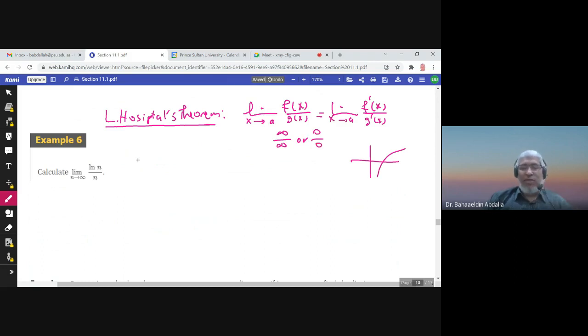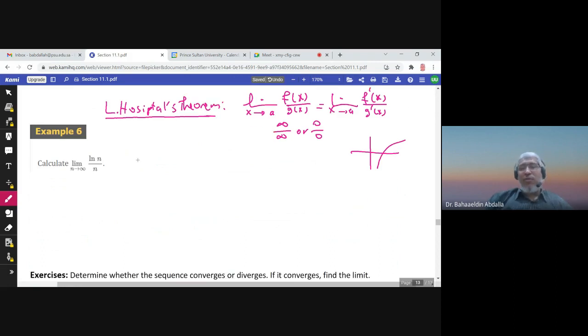So that's L'Hopital's theorem. But L'Hopital's theorem works for functions because you will find the derivative, and we find the derivative of a continuous function. But here, this is discrete, not continuous. The sequence, discrete numbers. So what to do?